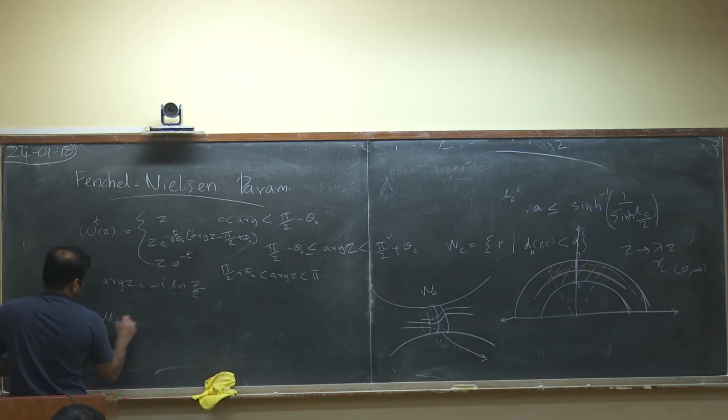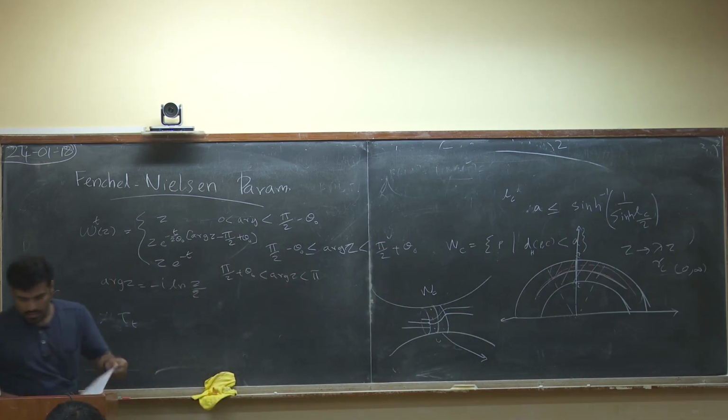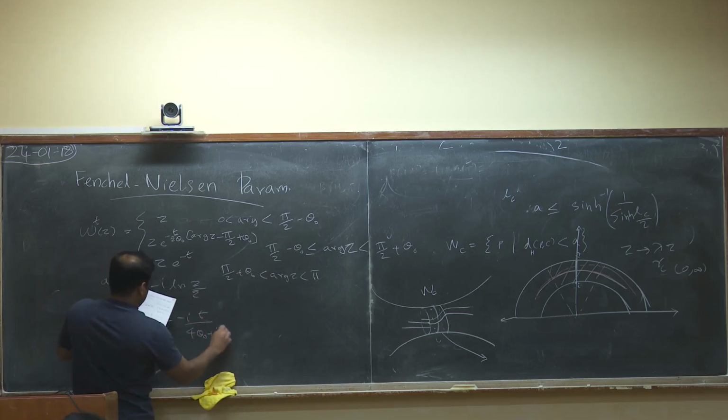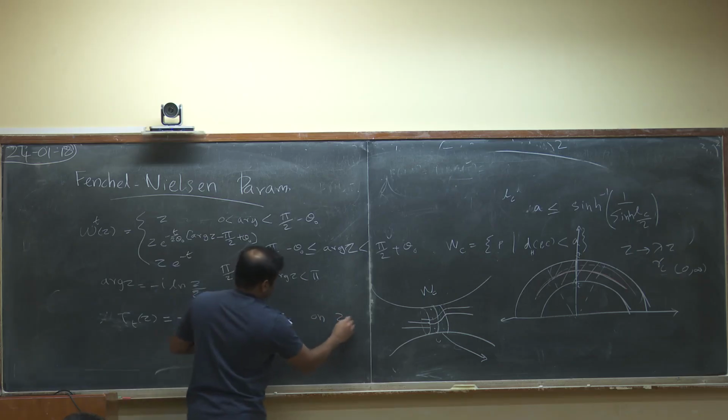So the mu t, or the tau t, the Beltrami differential for this twist on the upper half plane, is given by minus i t for theta 0, i theta, c by c bar, on any point on the upper half plane.